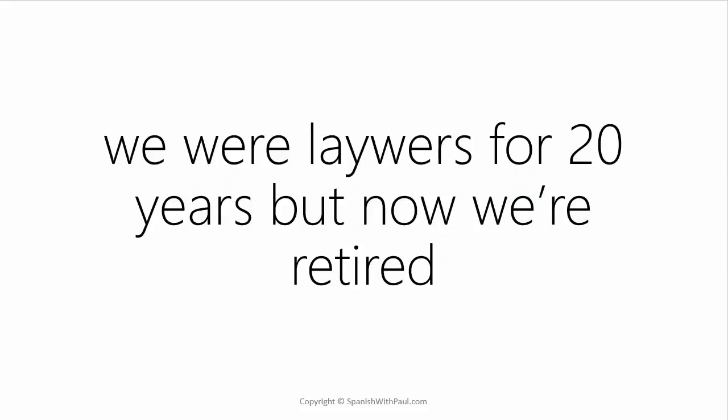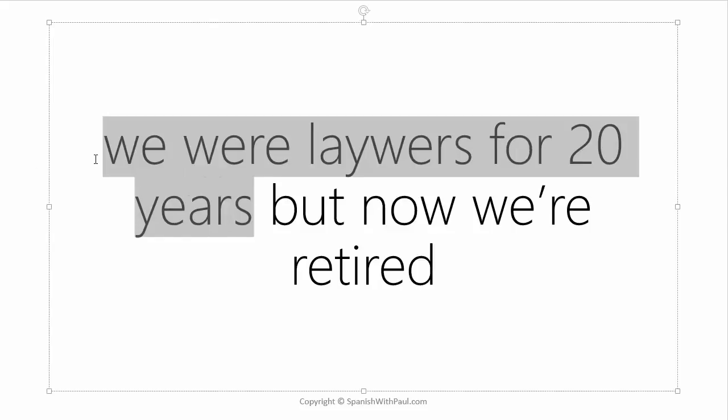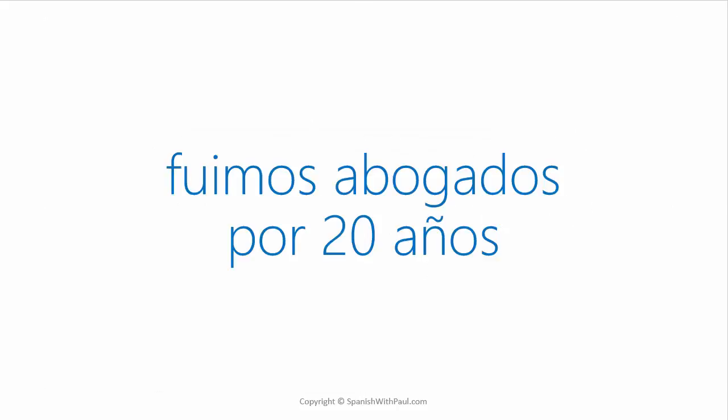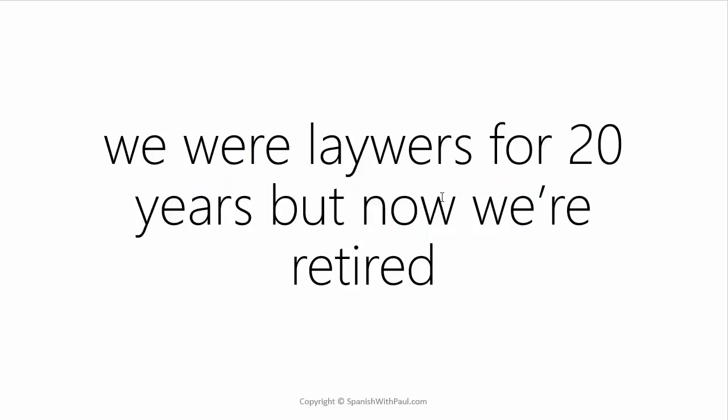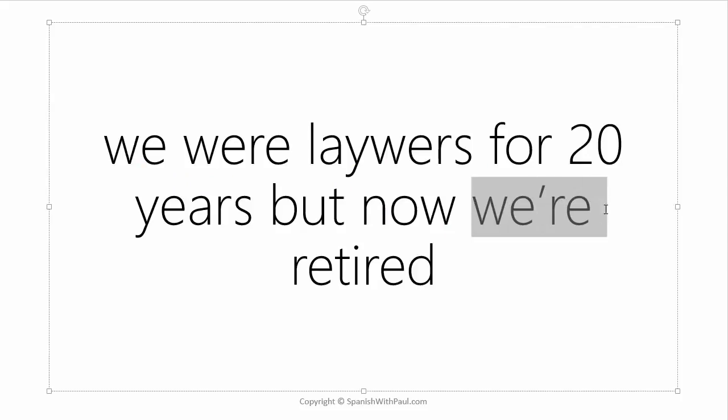Let's try something a little bit more advanced. We were lawyers for 20 years, but now we're retired. We have two places now where we need to make a decision. So we already know we were lawyers for 20 years is going to be fuimos abogados por 20 años. But then it's saying, but now we're retired.